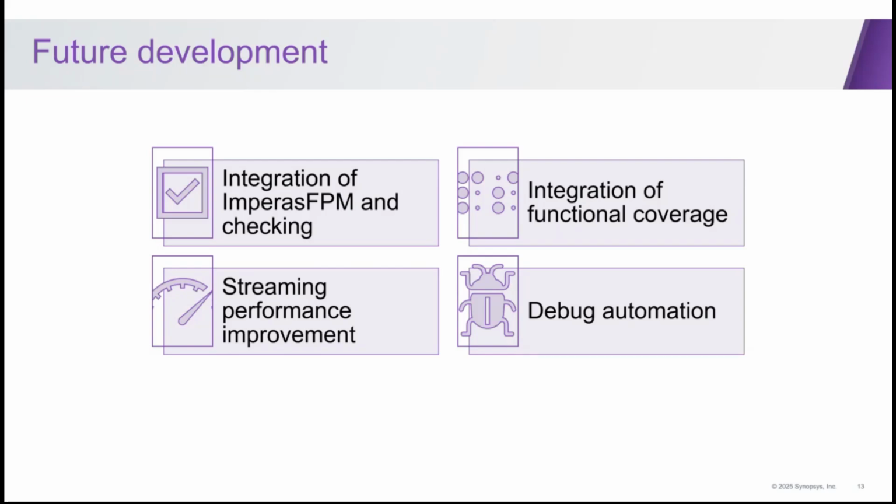Now, in the morning, the engineer comes to the office and sees a failure. He already has the trace log, he already has an FSDB, so he can debug it immediately instead of rerunning the tests and regenerating this trace log, etc. This is something we want to implement. We call it debug automation. Those are some things in our head that we want to do in the future.